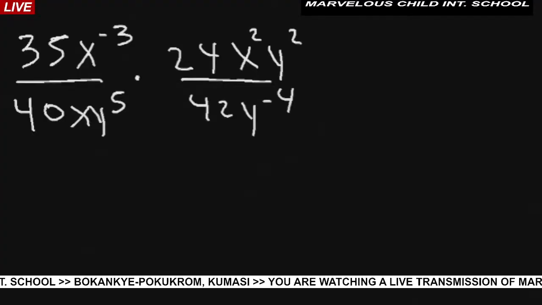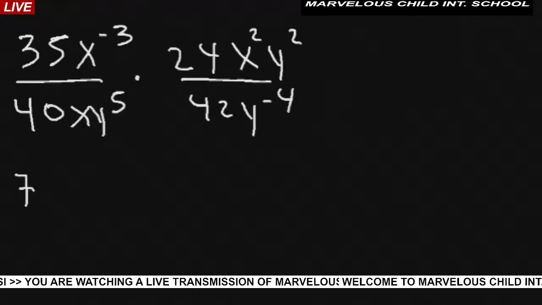So how can we simplify this expression? What do you think we need to do? Well, what you don't want to do is multiply across. If you multiply 35 and 24, you're going to get a large number. And if you multiply 40 and 42, you're going to get a bigger number. And then you have to reduce the fraction. It's a lot of work.